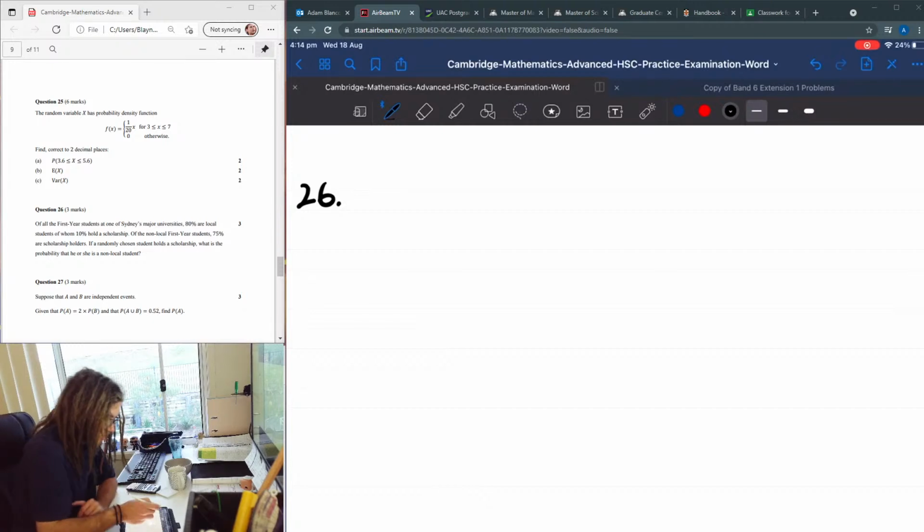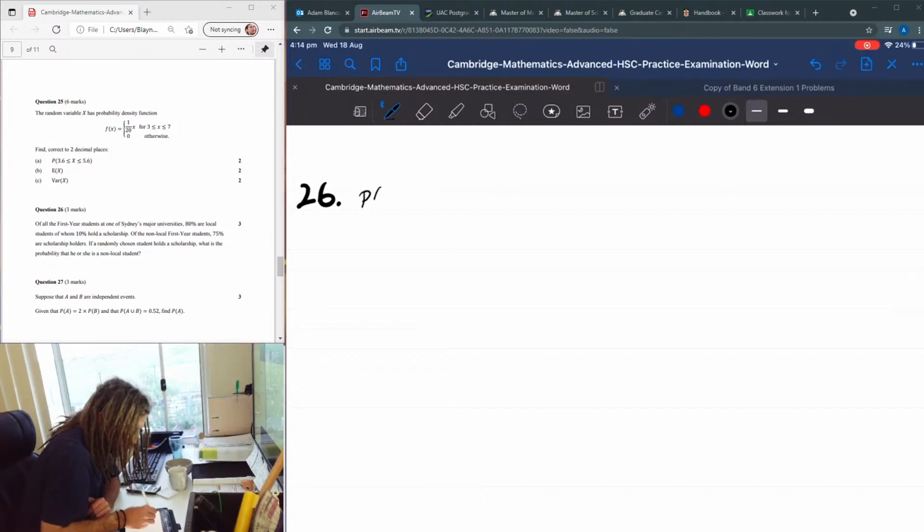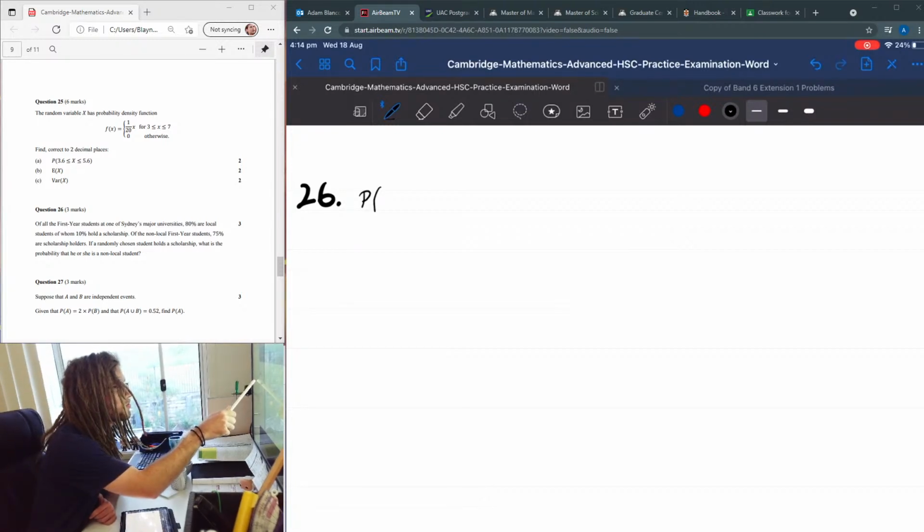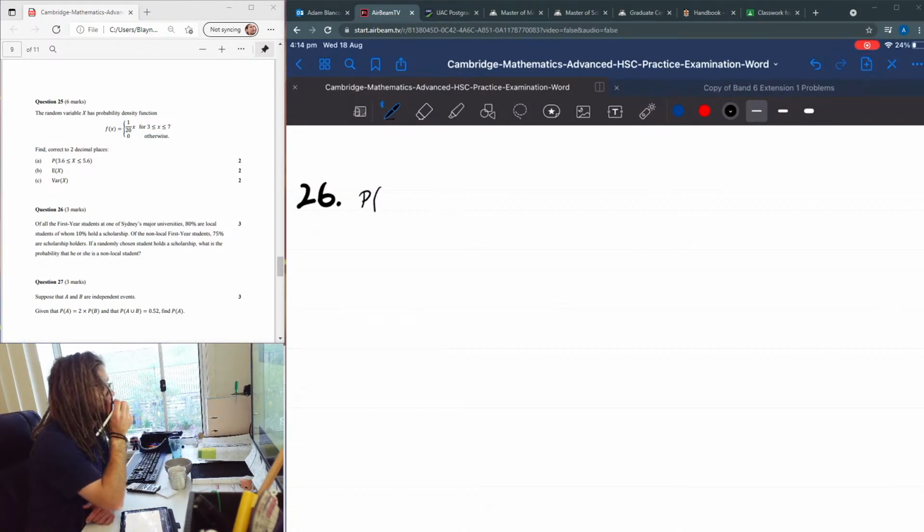Okay, that's a given. So what's the probability that, given that they hold a scholarship, a randomly chosen student holds a scholarship, what is the probability that they're non-local? Okay, so let me just wrap my head around that.